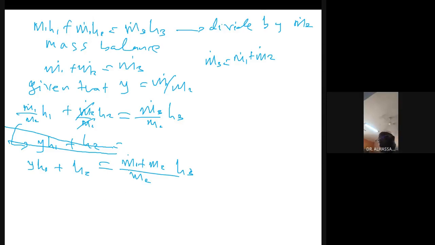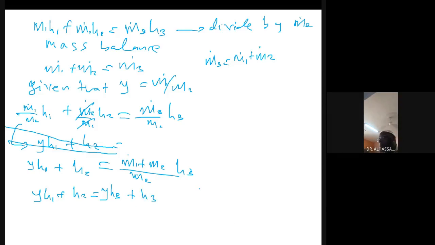If I divide through and split, it gives me Y H1 plus H2 equals M1 divided by M2, that gives me Y, times H3, plus M2 divided by M2, so that gives me H3.